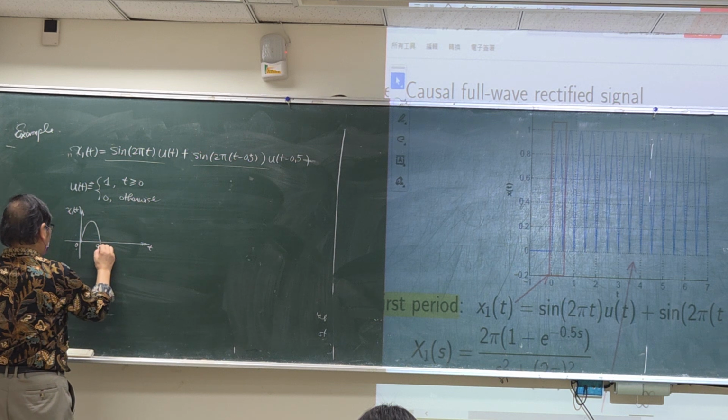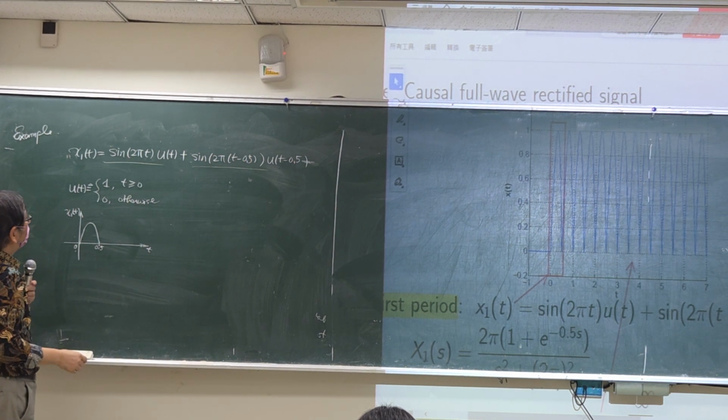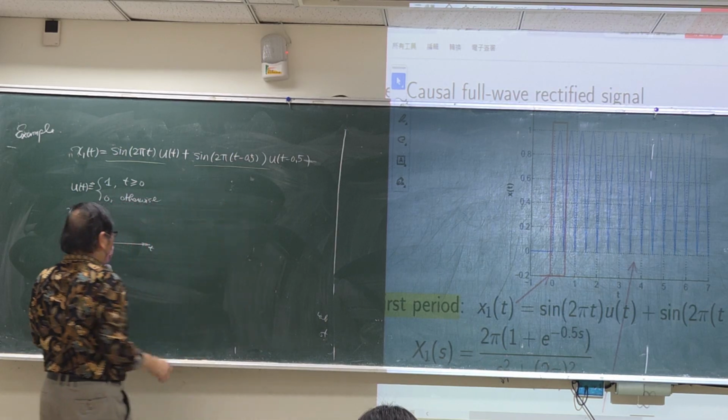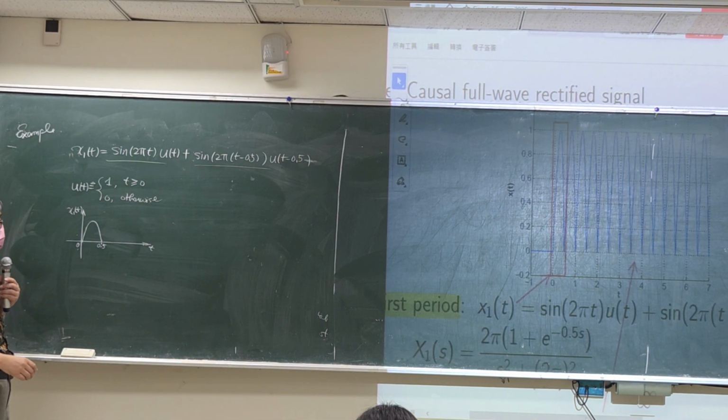So how do I take the Laplace transform of x1 of t in this case?